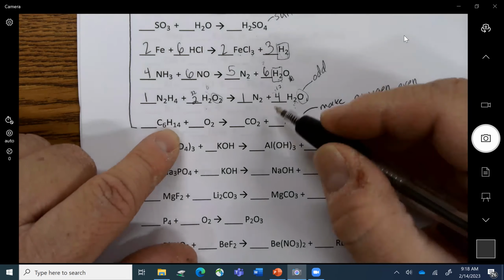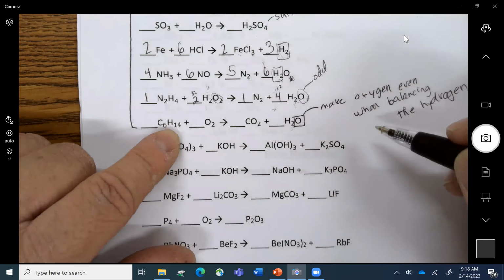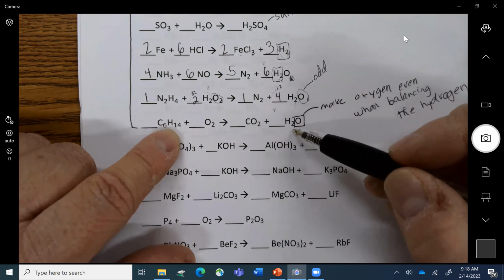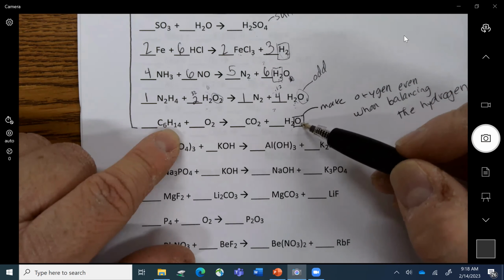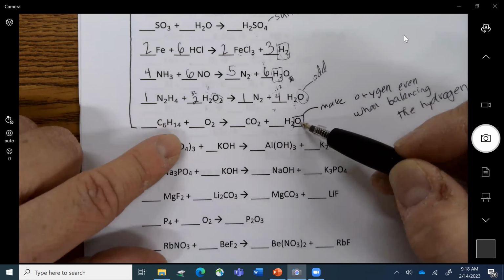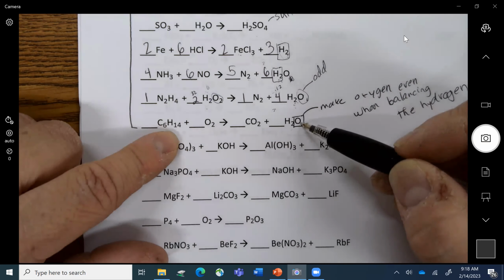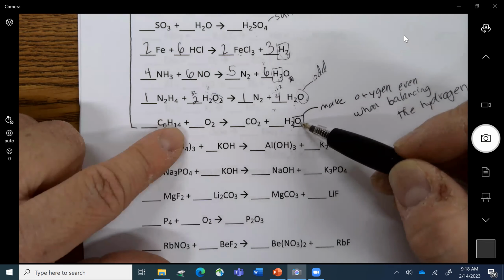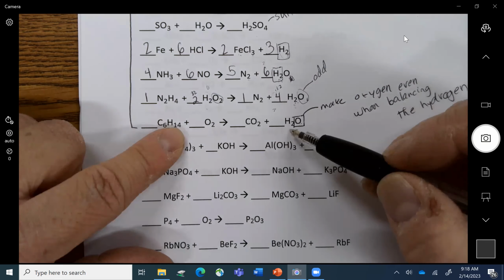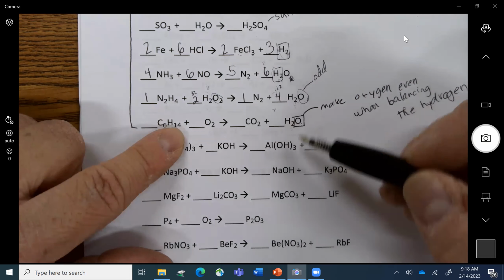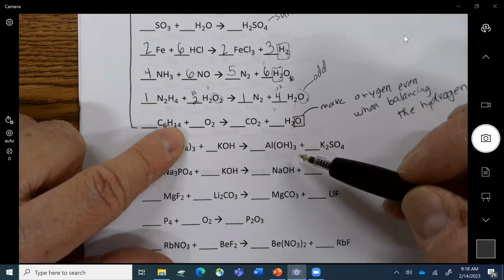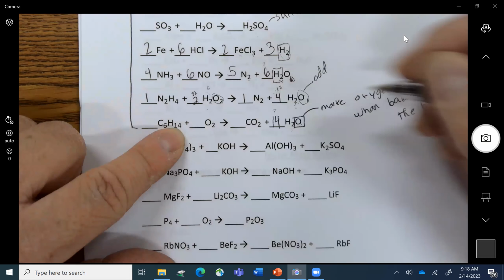I'd put a 7 here, right? Is 7 oxygen an even number? Well, no, it's not. So what that means is you then need to double the number up here, meaning you need 2 of these. That would put 28 here. Well, what would the hydrogen be to get 28? It would be 14. So that makes that an even number.